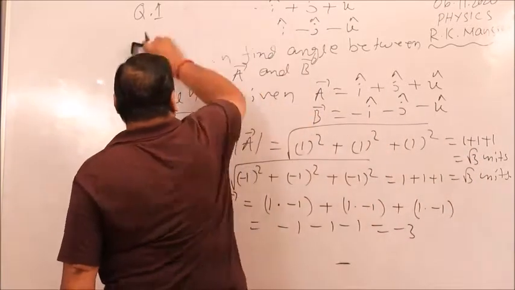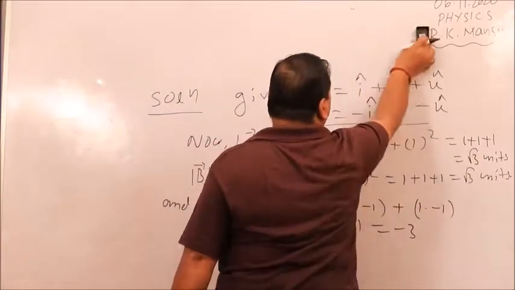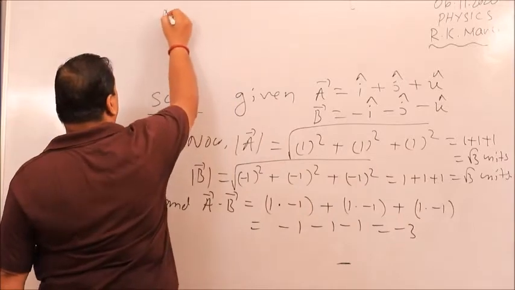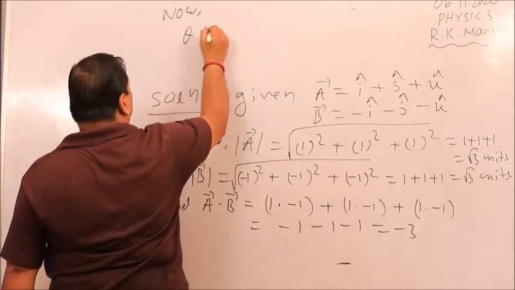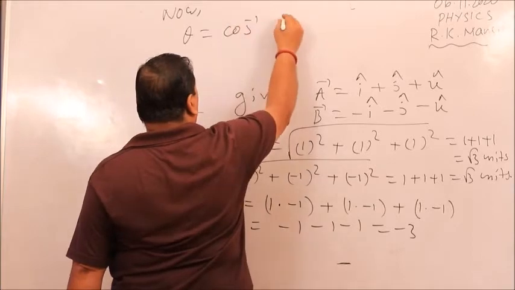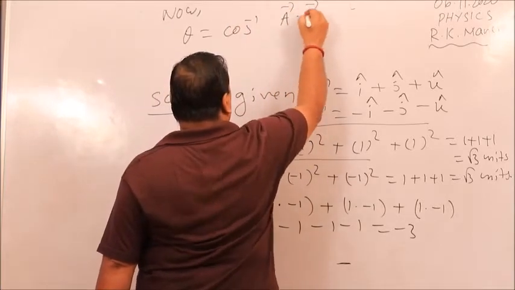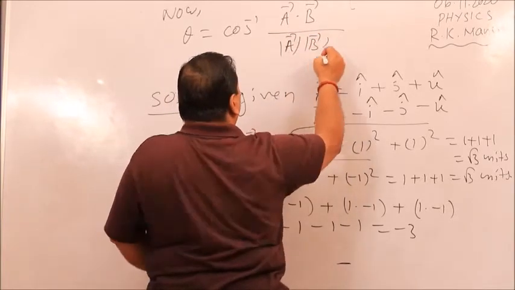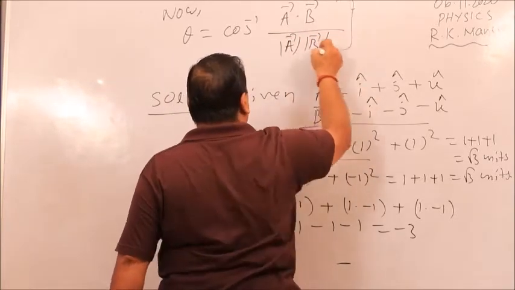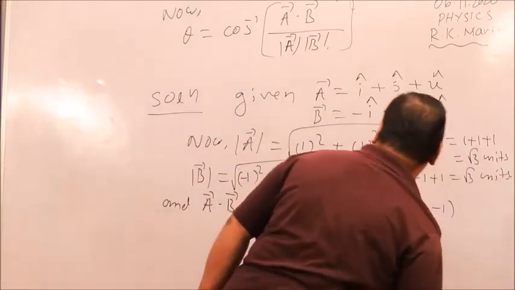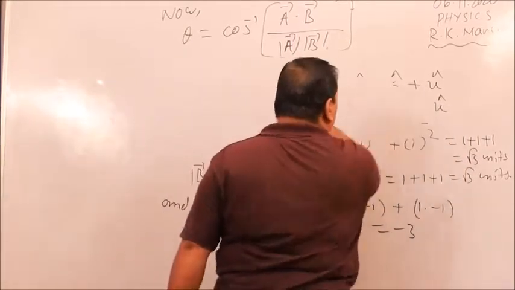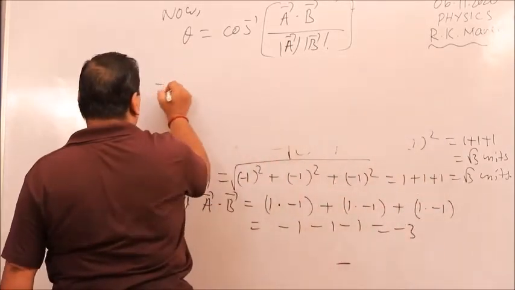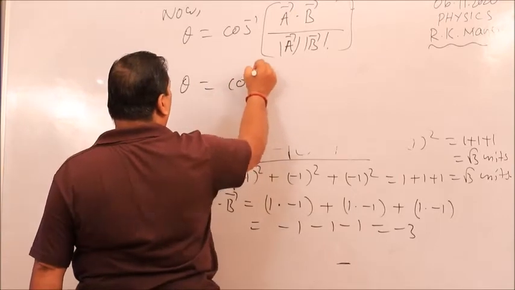Now we will use the formula which is already derived to find the angle between two vectors: theta equals cos inverse of A dot B by modulus A modulus B. Now substitute the required values in the above formula.